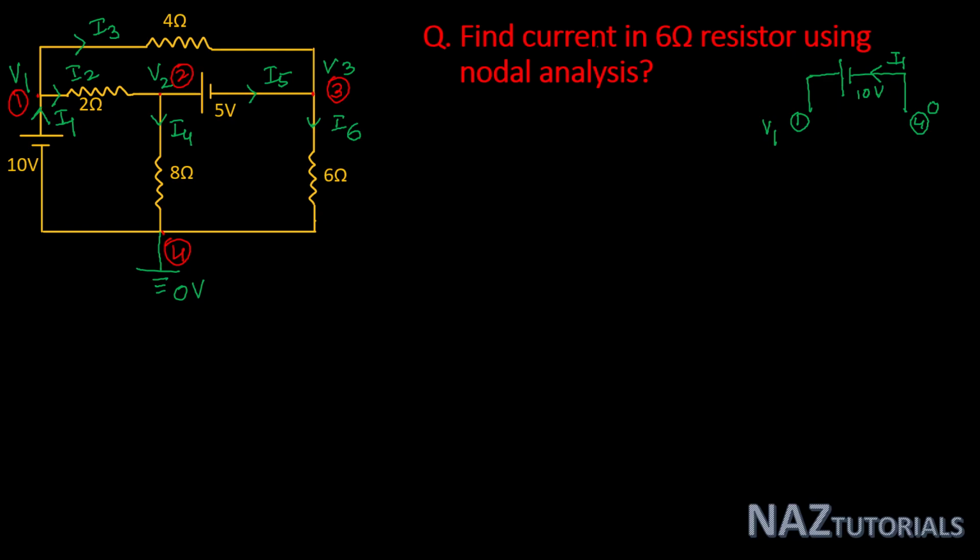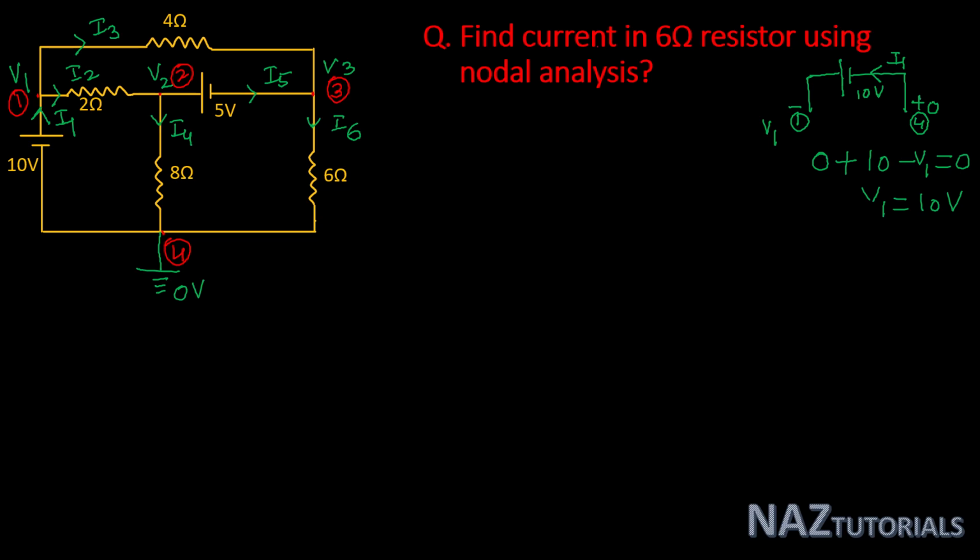This terminal is positive and this terminal is negative. According to the current direction, you can write from 4 to 1: 0 plus 10 minus V1 is equal to 0. Here we get V1 is equal to 10 volt.